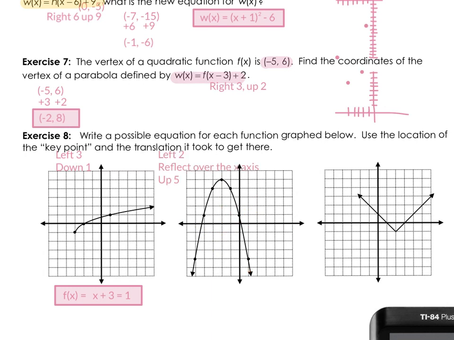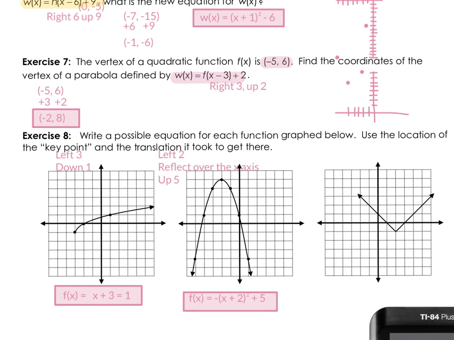I typed that up above so you can see: left 2, reflect over the x-axis, and up 5. Then we need to write our new function. Left 2 means inside, it's the opposite of what we think, so plus 2 in the parentheses with the squared, but the reflect goes out front, so that's why I have the negative here. And then we have the up 5, plus 5 at the end, and that's the equation of that function.